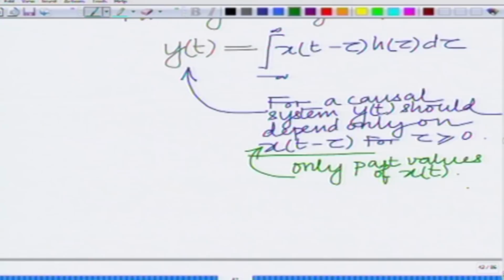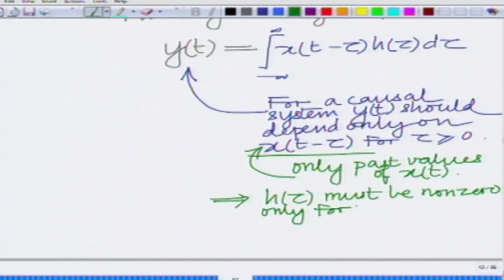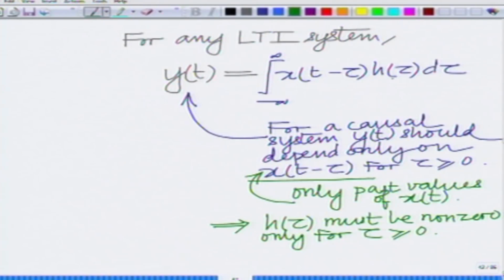And this implies h of tau must be non-zero only for tau greater than or equal to 0, because if you look at this integral, if h of tau is non-zero for tau less than 0, then it will also pick up negative values of tau. That is, x of t minus tau, where tau is negative, is basically a future value of the signal x of t.